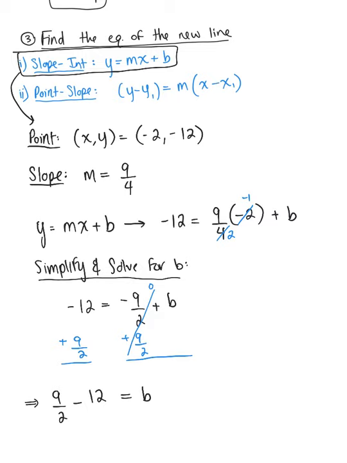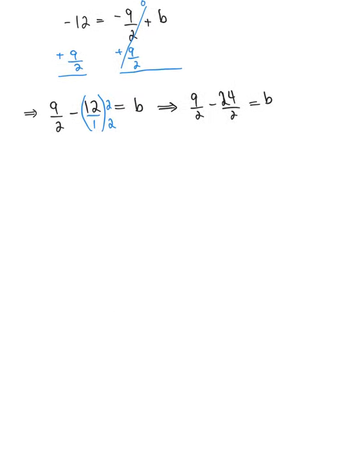So in order to solve for b here, we need a common denominator. So think about 12 as being over 1, and we'll multiply the numerator and denominator here by 2. So this becomes 9/2 - 24/2 = b. Or we can say that b is equal to (9 - 24) all divided by 2.